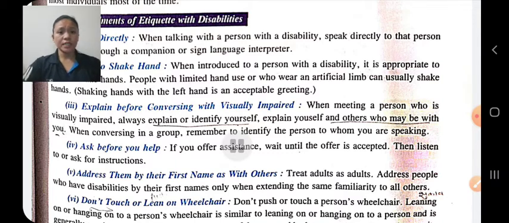When conversing in a group, remember to identify the persons to whom you are speaking. Ask before helping. If you want to help the disabled person, first ask him. If he accepts your offer, then only help.